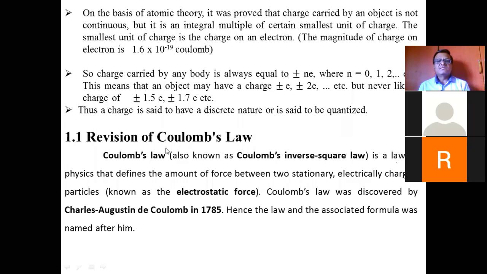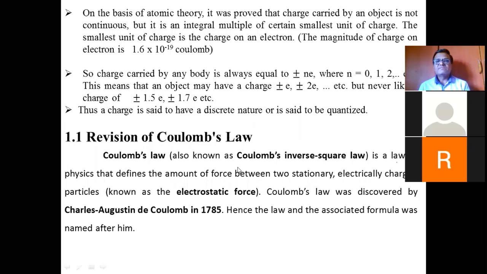Now we have to consider the revision of Coulomb's law. In the 8th or 9th standard, we have seen Coulomb's law. Coulomb's law is related with stationary charges. If there are two stationary charges separated by some finite distance r, then in between these two charges there is a force of interaction.